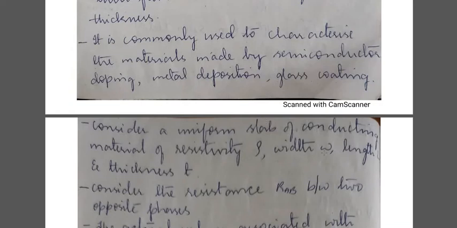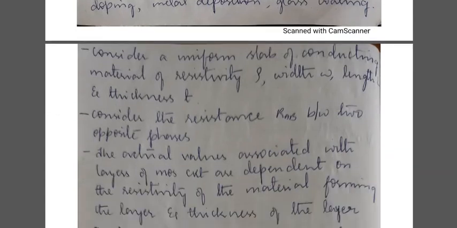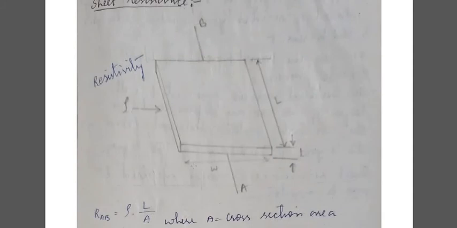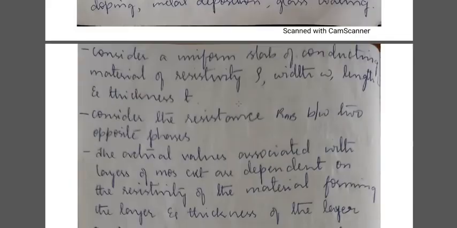Width is W, length is L, height is T, resistivity is rho, and it is a thin film. I am naming the two points A and B.